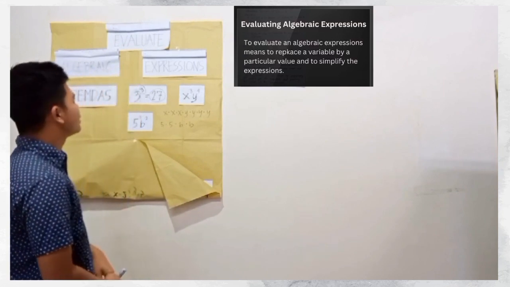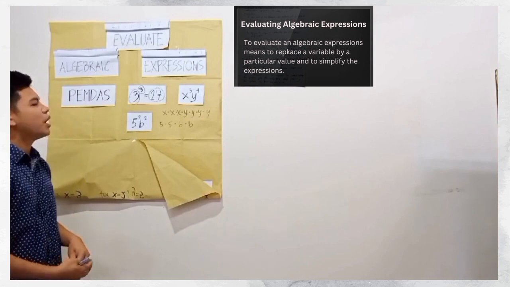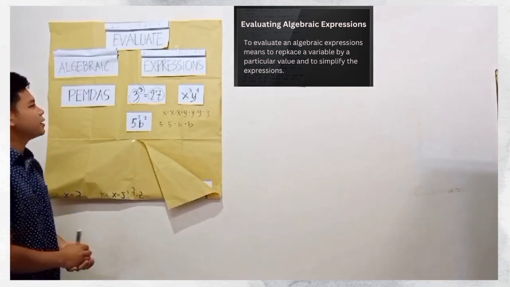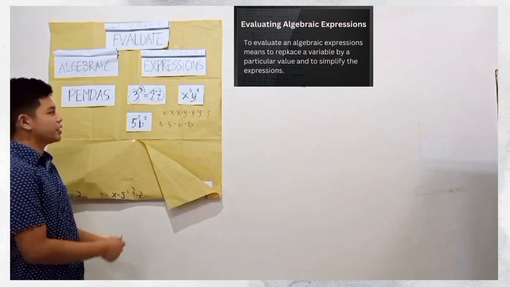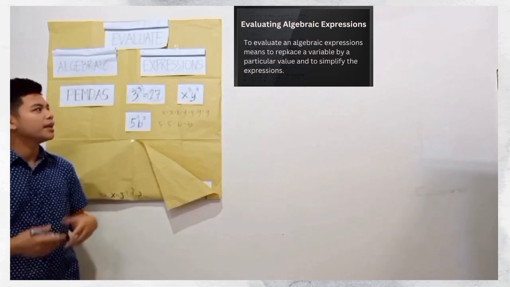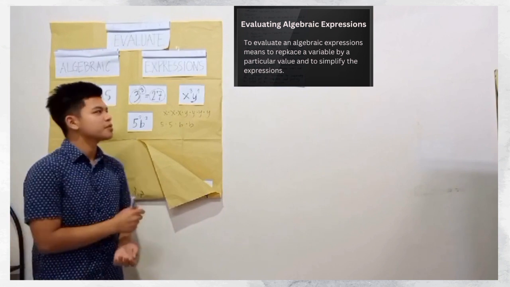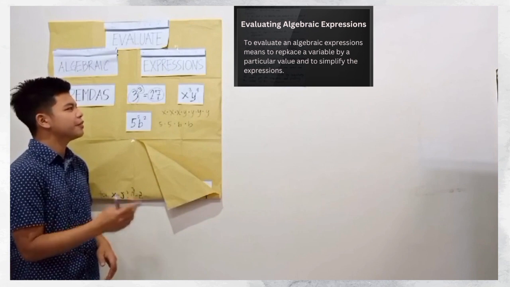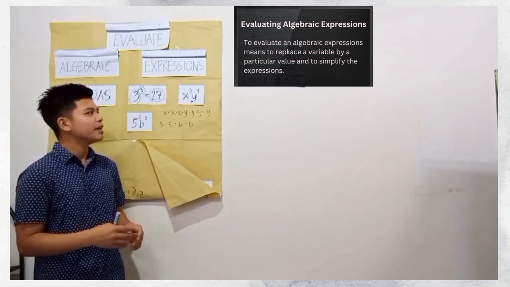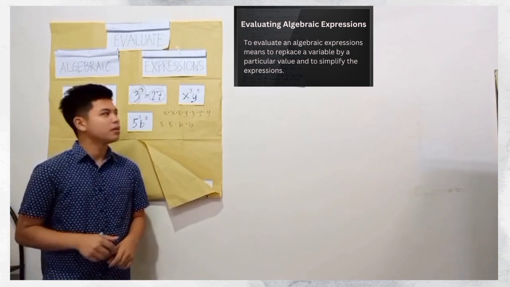So now we will go to our proper discussion. It is evaluating an algebraic expression. To evaluate an algebraic expression means to replace a variable by a particular value and to simplify the expression.